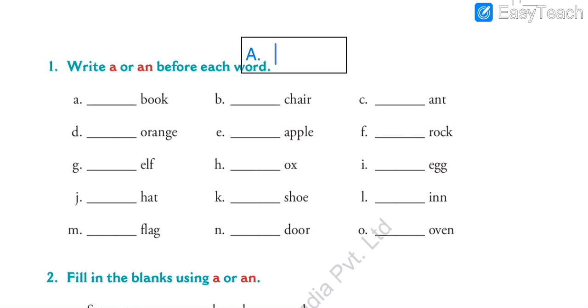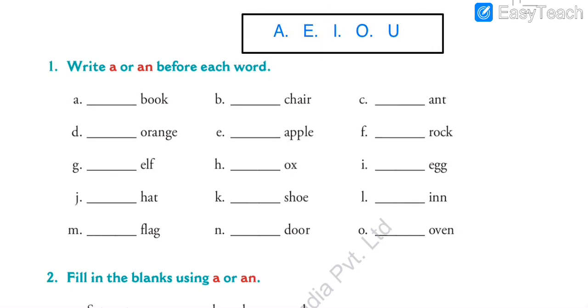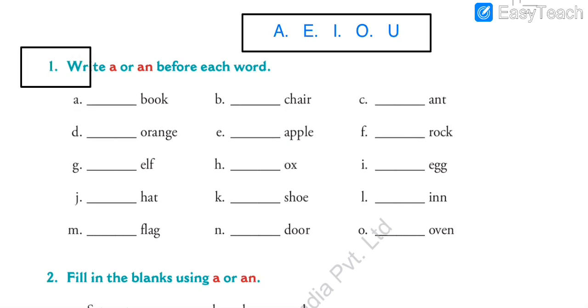A, E, I, O, U. These are the 5 alphabets included in the list of vowels, right? Let me just highlight it. Okay, excellent. So now let us start exercise number 1.